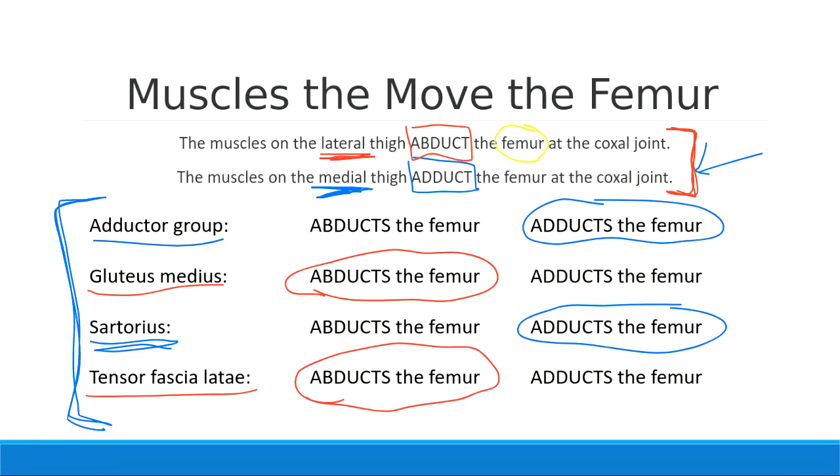If you've got a highlighter at home, highlight femur on these. We've been talking about moving the femur because we are about to switch into talking about the kinds of movements that these muscles do, not to the femur, but now to the tibia. It's a different ball game when we start talking about what we're doing to the tibia.